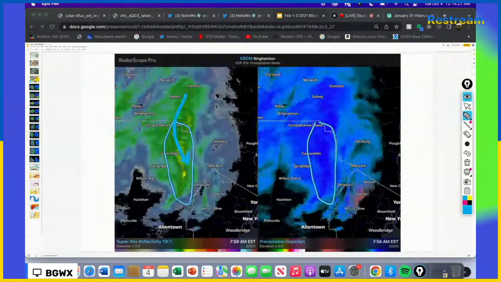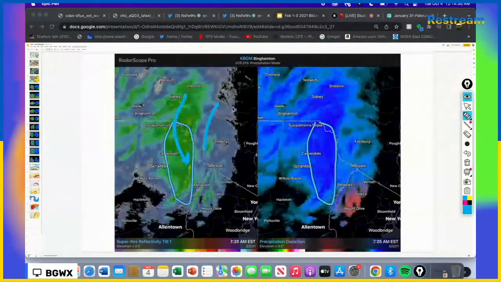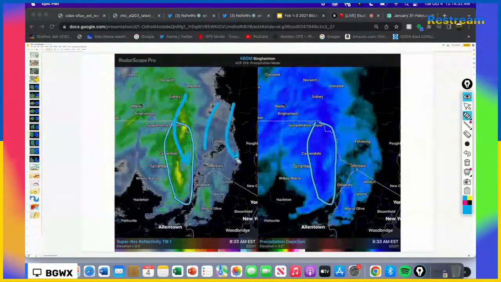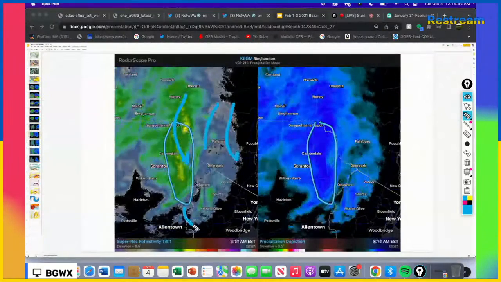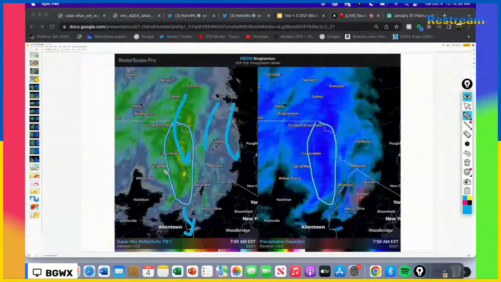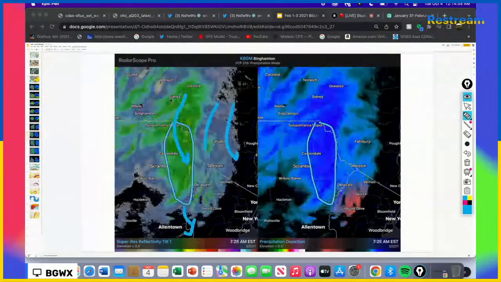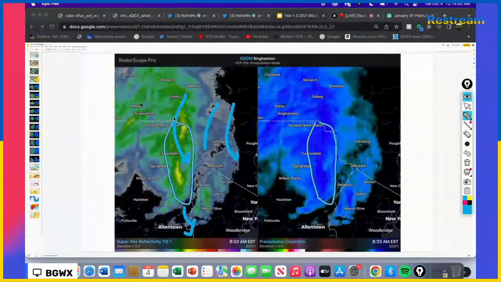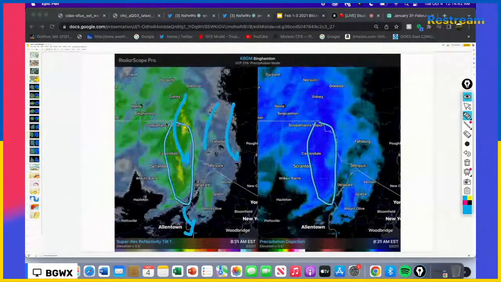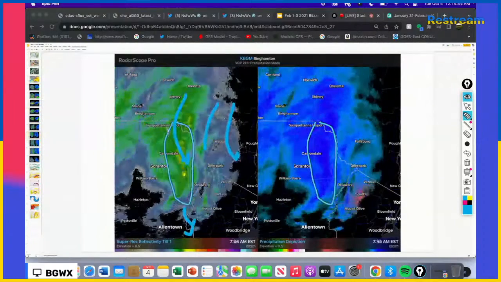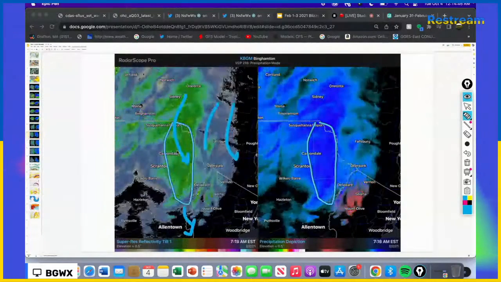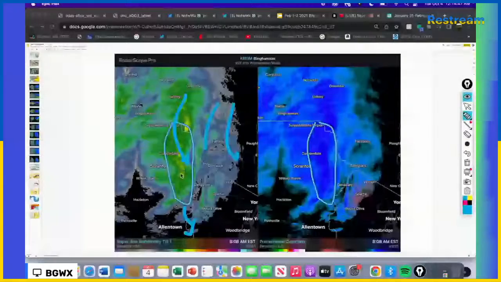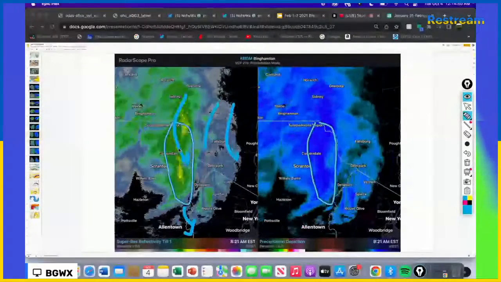It's still not fully, so it's more like this. And then eventually it'll pull in like this. So we're pulling these bands down from the north with these strong mid-level dynamics. And that's how they got into a lot of these bands that were still producing pretty heavy snowfall rates, because they were cold temperatures.